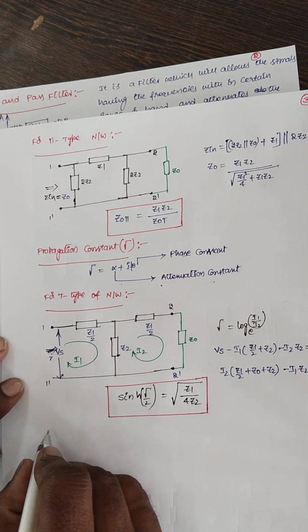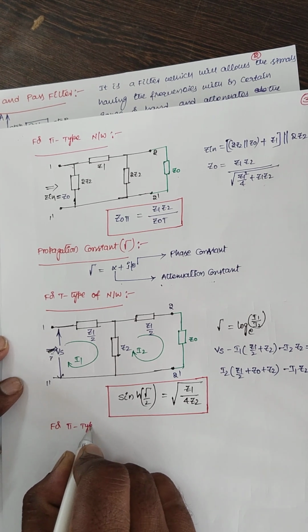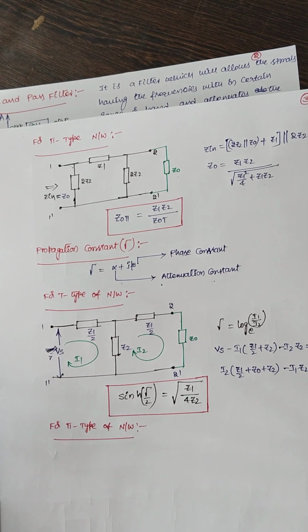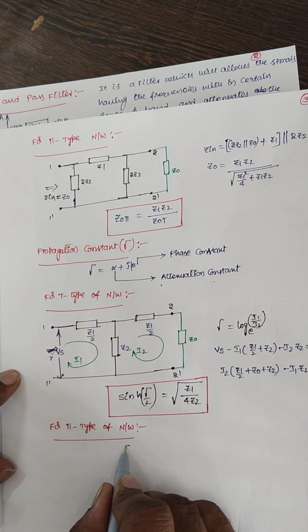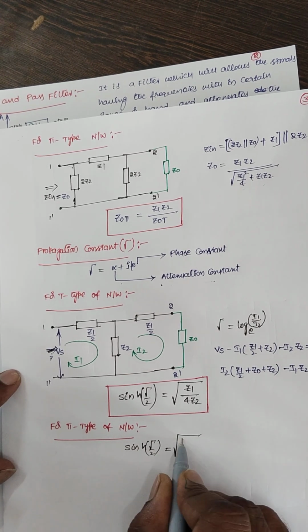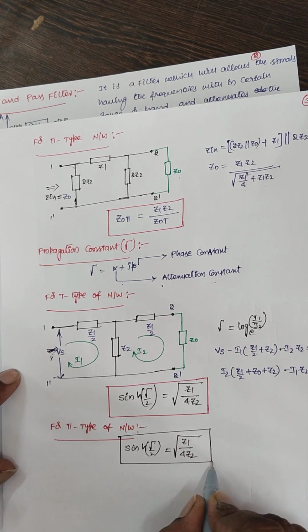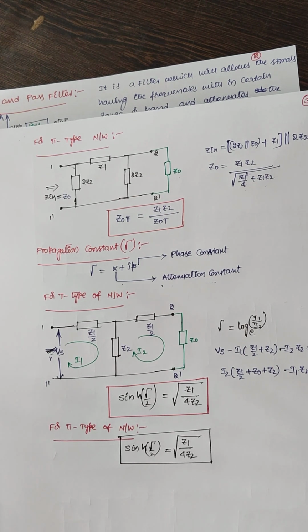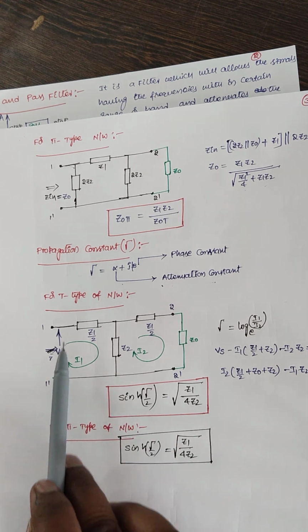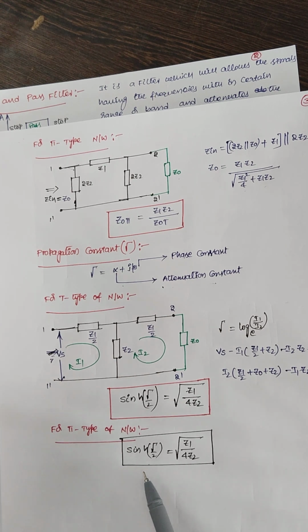For the pi type of network, the propagation constant is the same, that is sinh gamma by 2 is equal to square root of Z1 by 4Z2. This is the propagation constant we can define mathematically. Finally, for a T type or pi type of network, the propagation constant is the same.